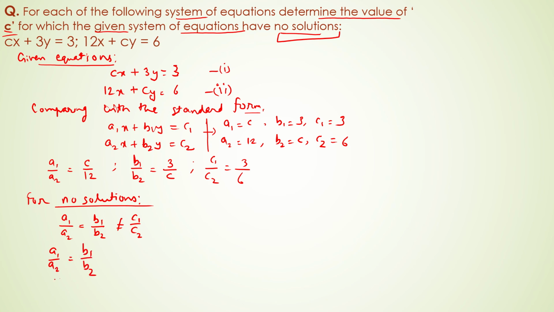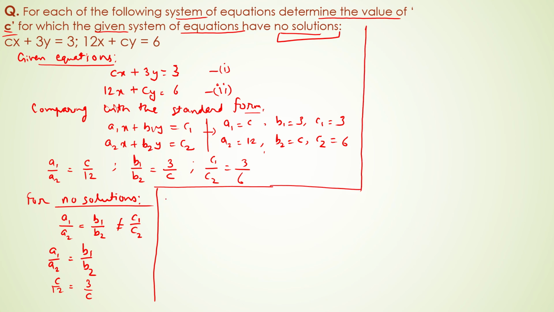That means c by 12 equals 3 by c. So here we get c square equals 12 into 3. That means c square equals 36. So the value of c may be plus minus 6.